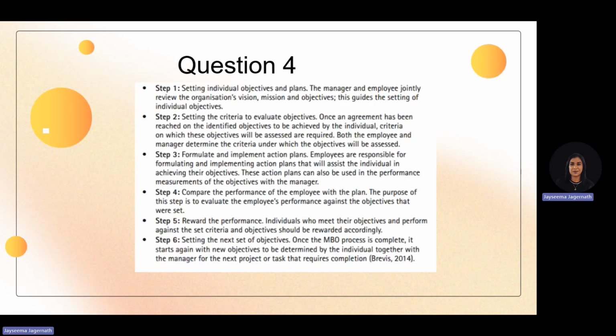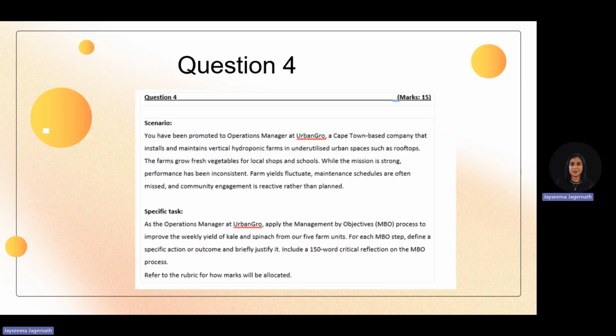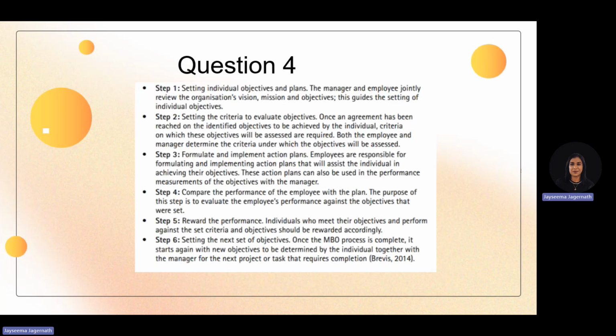Okay, so this is the management by objective steps. There's 6 steps of that. And you have to now link it to this company. So define specific action or outcome for each step, right? So for example, setting individual objectives and plans, the manager and employee jointly review the organization's vision and mission statement.